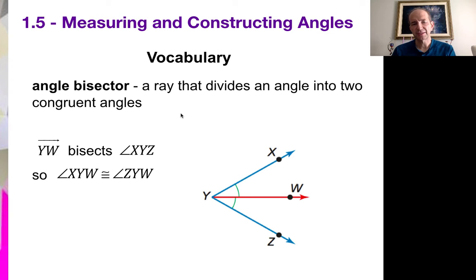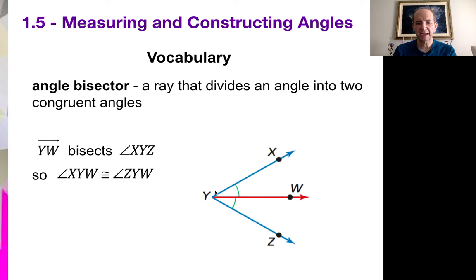Angle bisector. So now that we have an angle, now let's talk about dividing it into pieces. One way that we can do that is we can bisect it. And bisecting it means that we're going to create two congruent angles, two angles that have exactly the same measure.